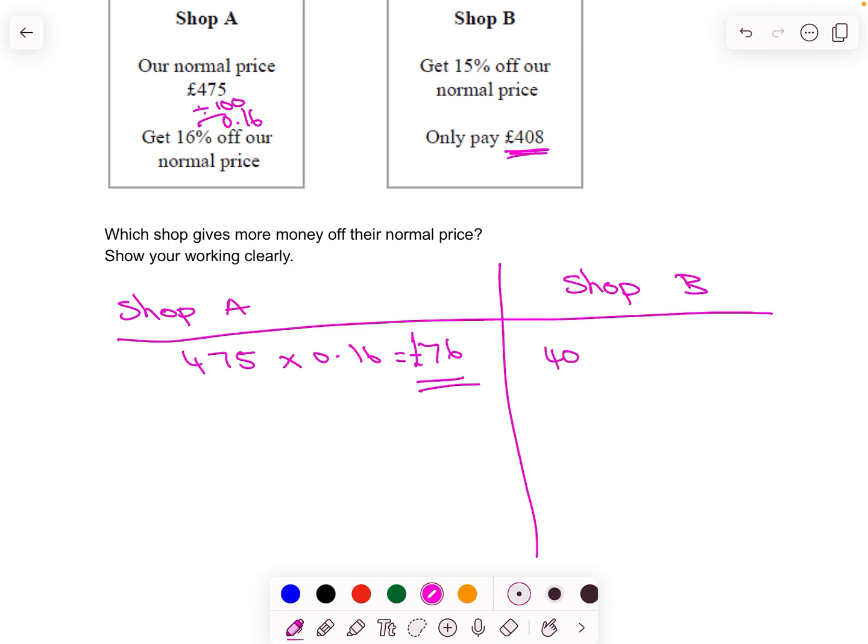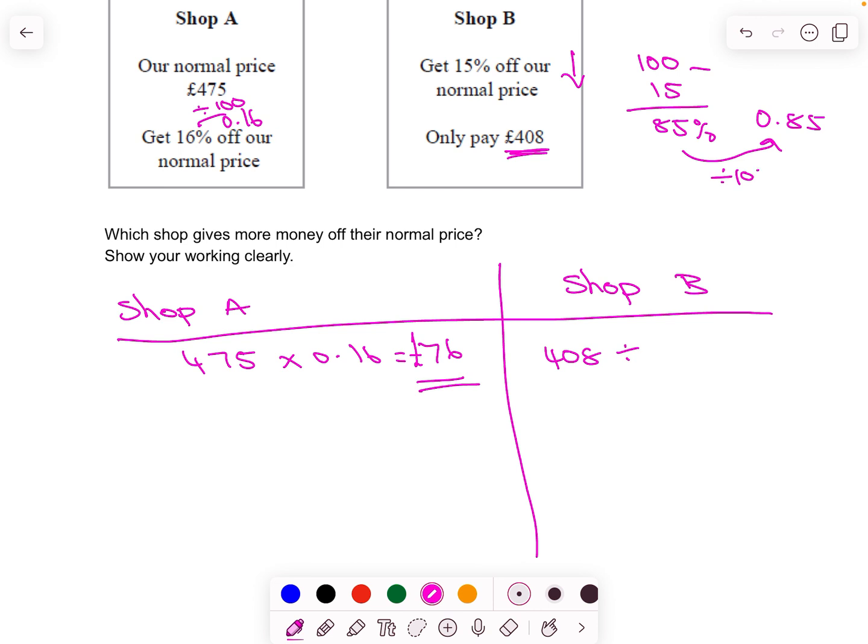So we're going to do 408 and we're going to divide it. Now 15% off is a decrease. So we do 100%, take away 15%, which is 85%, and 85% as a decimal is 0.85.